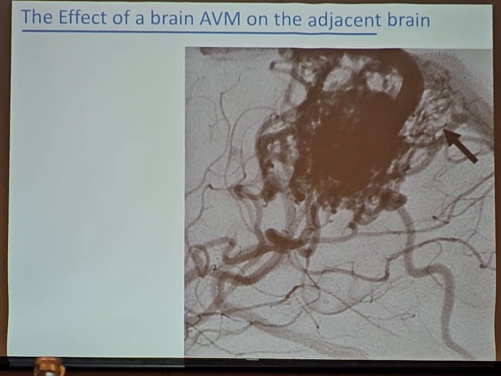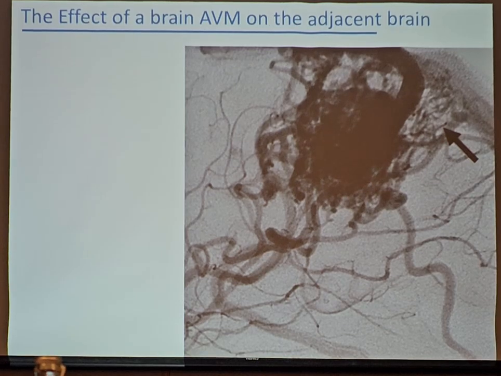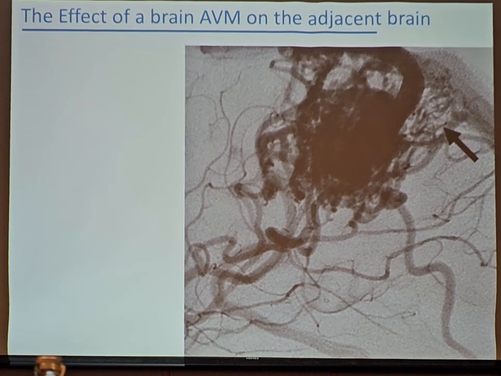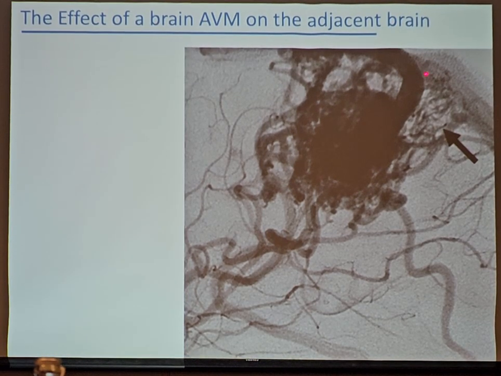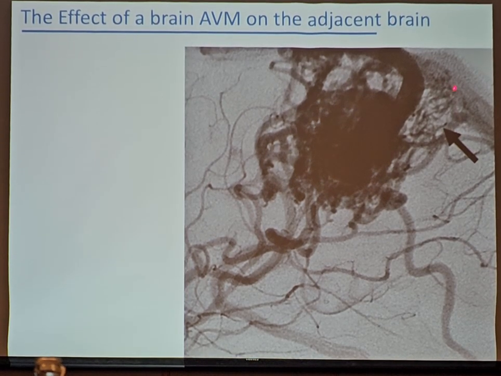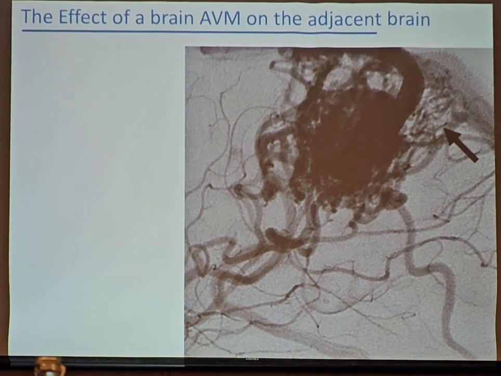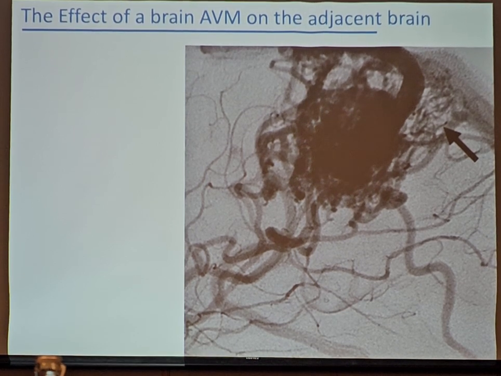The concept of angiogenesis also explains the way that certain AVMs look. You see here a patient with a brain AVM, and clearly the AVM is here. And then you see often around the patient's brain AVM a cluster of abnormal vessels that are not shunting.